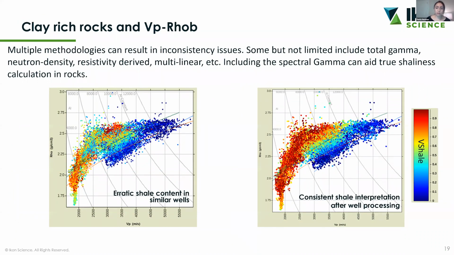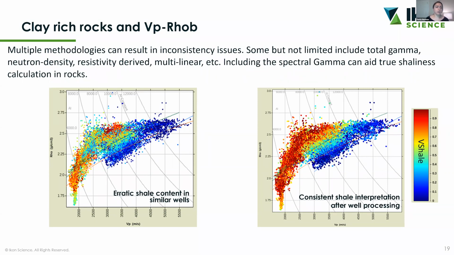So staying on the same lines regarding shale, here's a classic example, and this is very common. This is a multi-well cross plot of P-wave velocity and density, and it's the same plot that you saw before, but what I had not said before is that this cross plot contains different types of interpretation of shale content for very similar wells. So in reality, when we work with multi-well data, especially different vintage data, you can have different approaches of calculations.